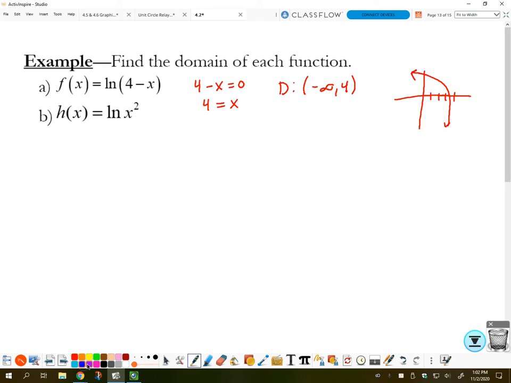Okay, so try this next one. This one is extra fun. This is ln of x squared. So again, if you say x squared is 0, then you get 0. So you have an asymptote at 0. But what's weird about this one, if you graph it in your calculator, then you'll see that it actually has like 2 pieces to it.